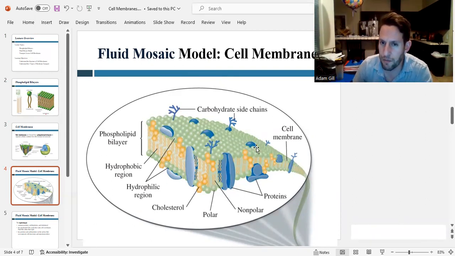Now let's take a look at what's going on in here. In green are all of the phospholipids, the bilayer. That's the main component. It's mostly a phospholipid layer. But embedded within the phospholipid bilayer are cholesterol molecules, shown here in yellow. Now remember, cholesterol is one of those steroids.